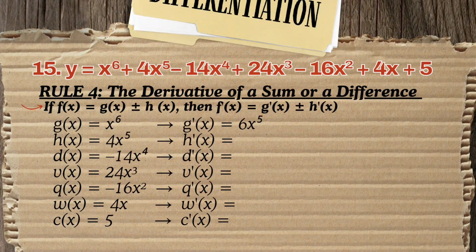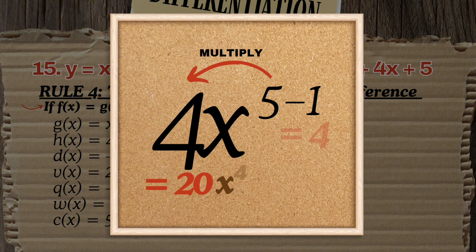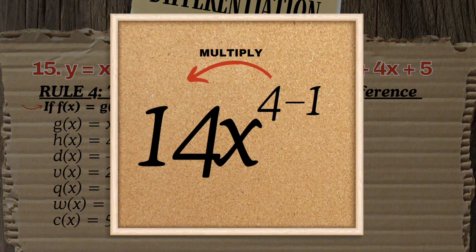Copy the plus sign, 4 times 5 is equal to 20. Copy the x, babawasan ng isa ang exponent na 5, so 5 minus 1 is equal to 4. Copy the minus sign, 4 times 14 is equal to 56. Copy the x, babawasan ng isang exponent na 4, so 4 minus 1 is equal to 3.